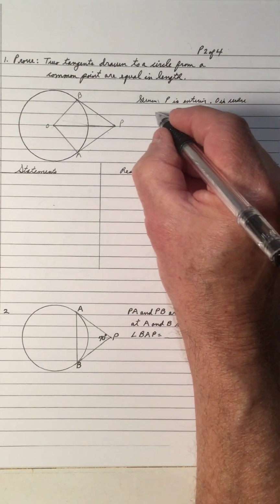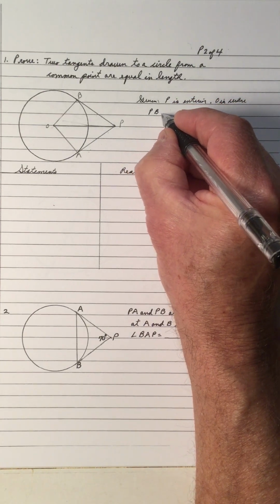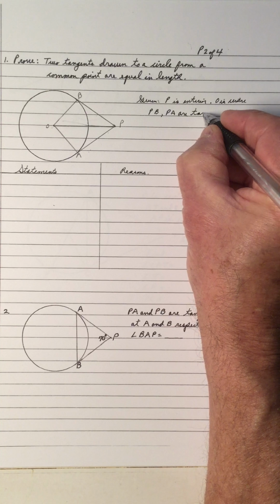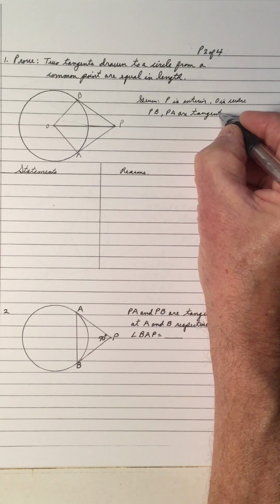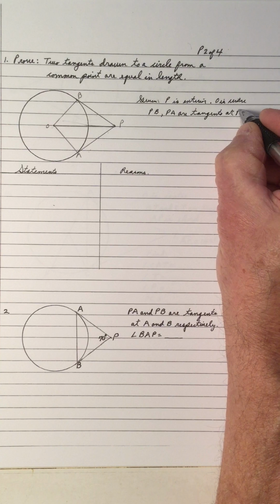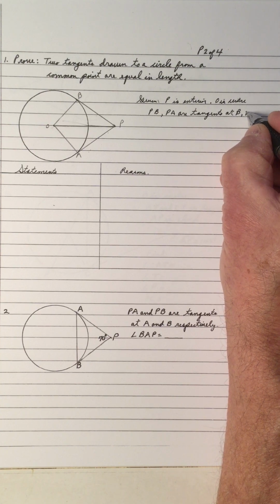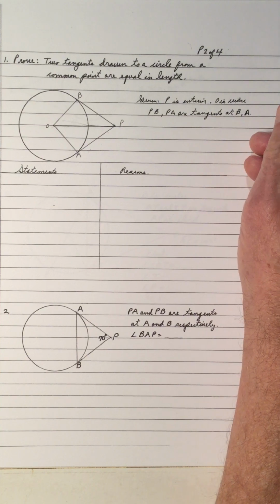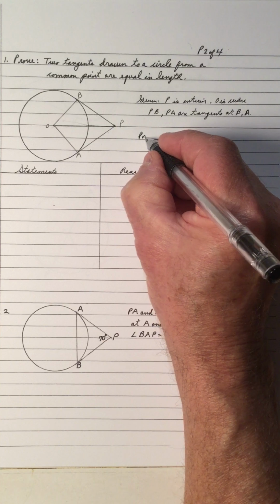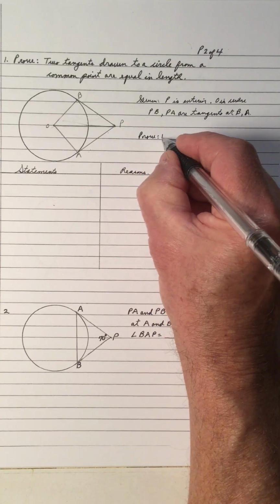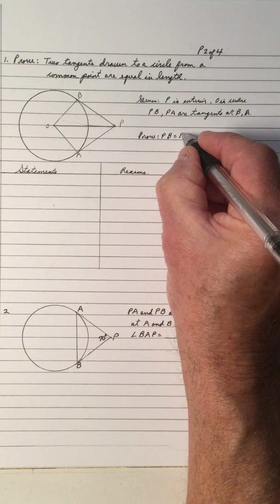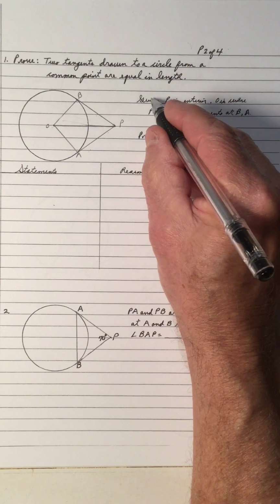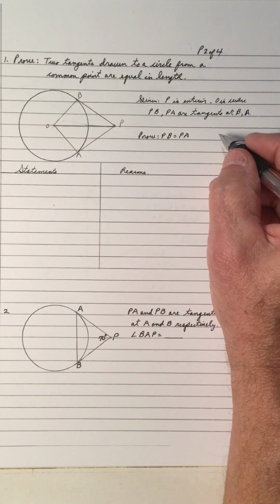We're also given that PB and PA are tangents, PB at B and PA at A. And we have to prove that PB equals PA. The two tangents are equal in length from this common point, P. So let's do the proof.